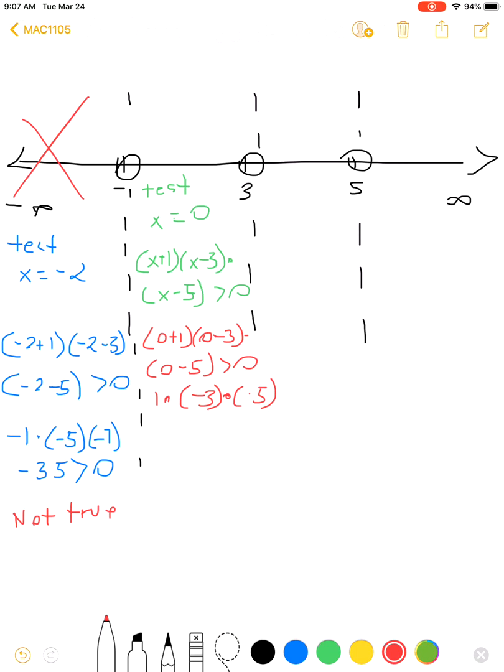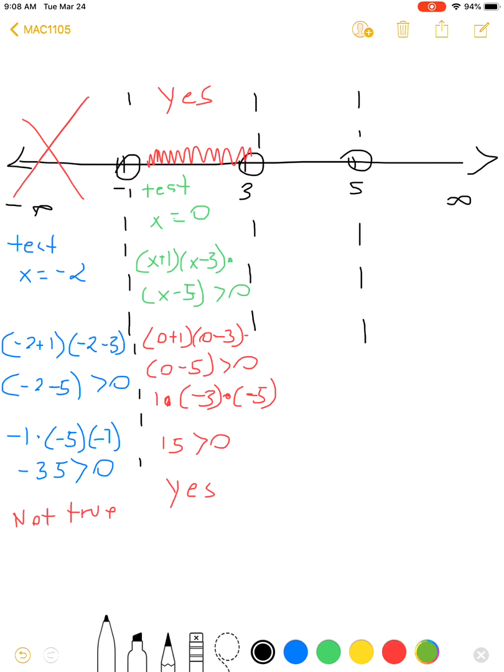Okay, and that will give you 15. And 15 is definitely greater than 0. So here, yes, this is our solution. Definitely that interval, yes.